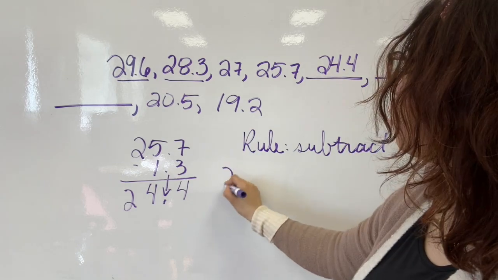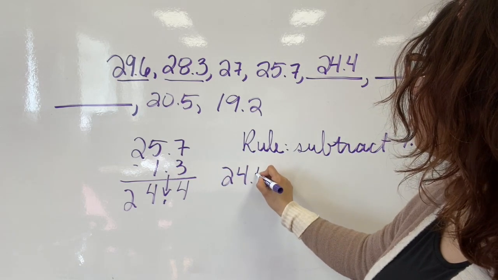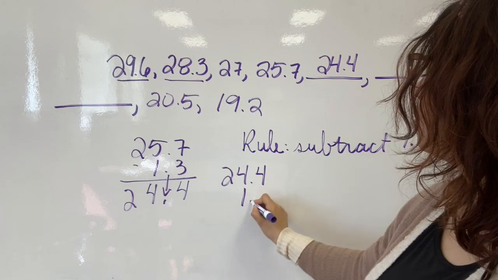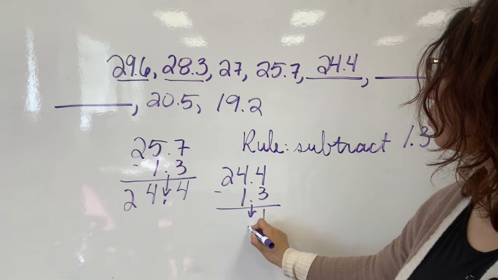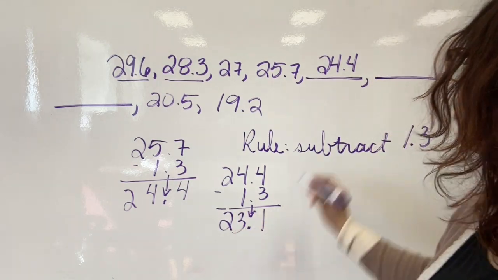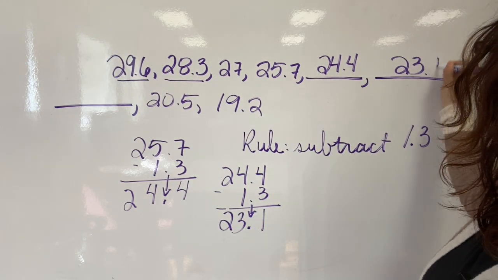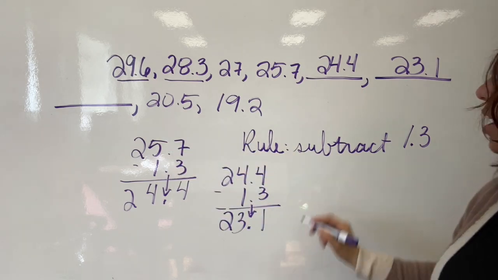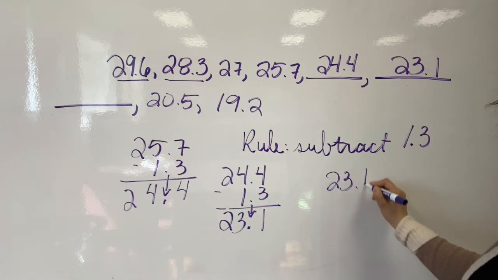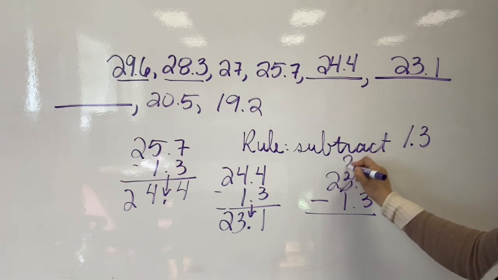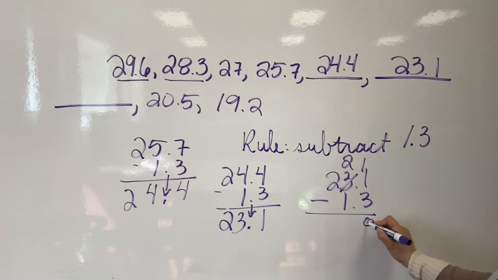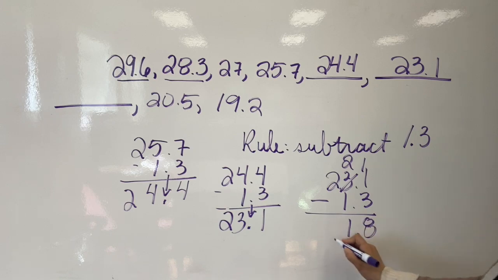I'll take 24.4 and subtract 1.3 from it, which would give us 23.1. And the last number, take 23.1 and subtract 1.3. Which would give us 21.8.